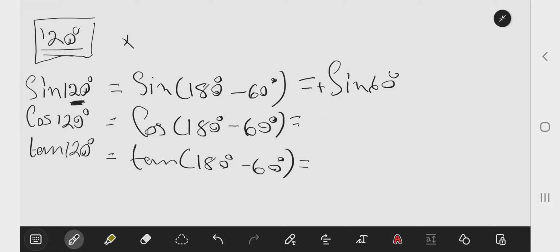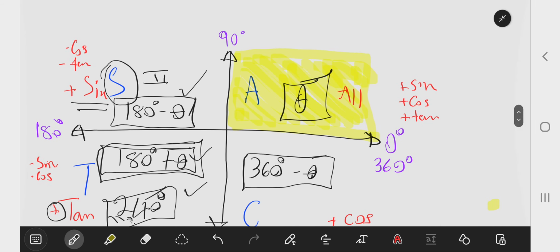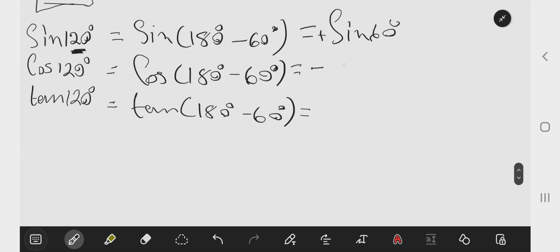But in the second quadrant, cos should be negative because we indicated that cos is negative and also tan is negative. Only sine is positive. So that would be negative cos 60, right? And that would be negative tan 60 because tan is also negative in the second quadrant.